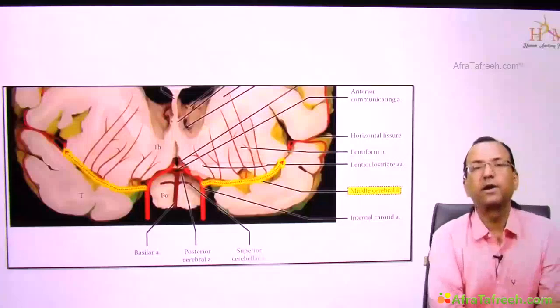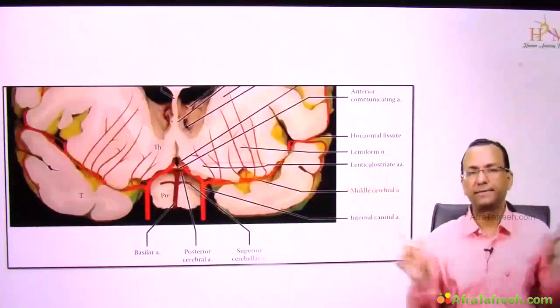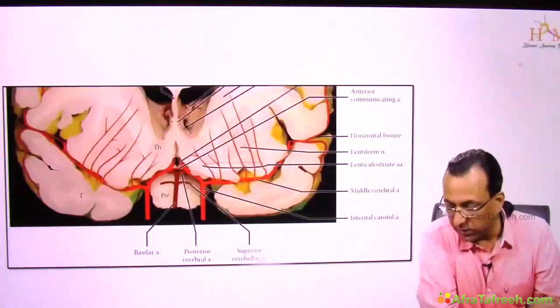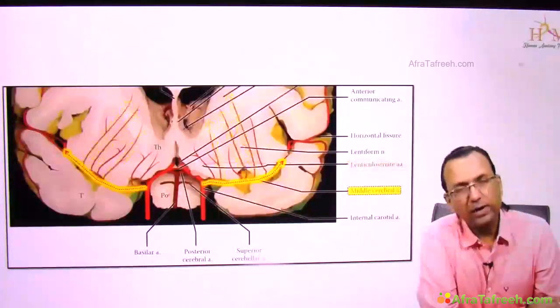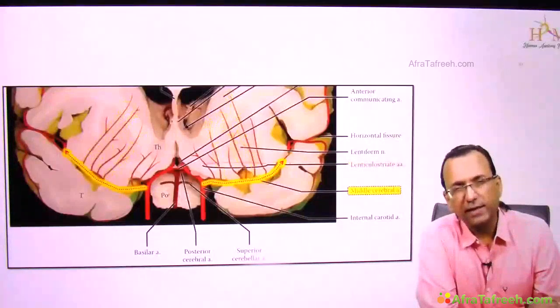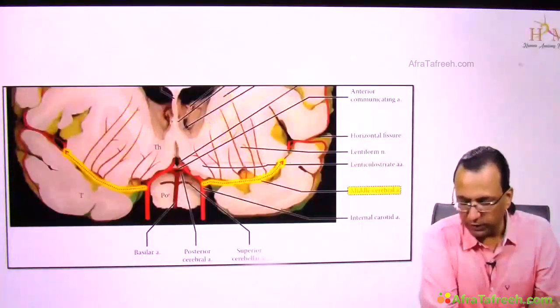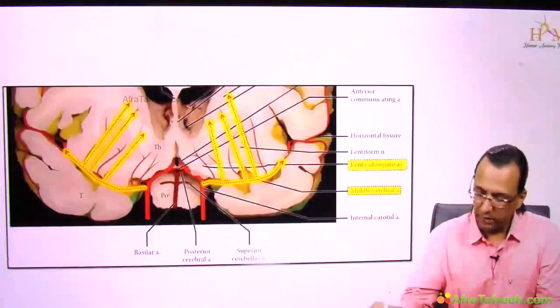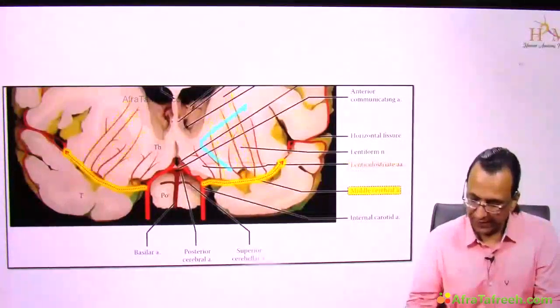The middle cerebral artery goes to the lateral sulcus of the brain, and as it goes, it gives lenticulostriate branches to the basal ganglia. That is what supplies the upper dorsal part of the internal capsule.